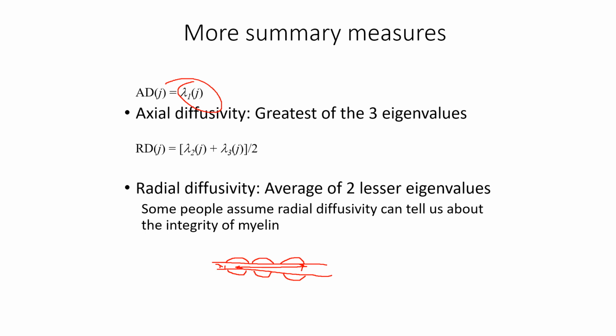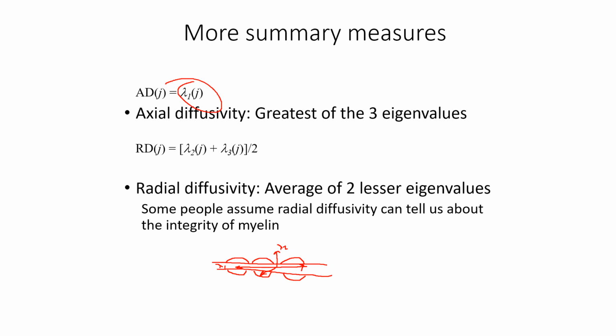Remember, that's defined first, and so that's lambda 1, but again we also have a vector associated with that. Then we define lambda 2, lambda 3, and so lambda 2 and 3 should be going across the myelin. Remember, this is 3-dimensional space. And so the assumption is that that can tell us about integrity of myelin.